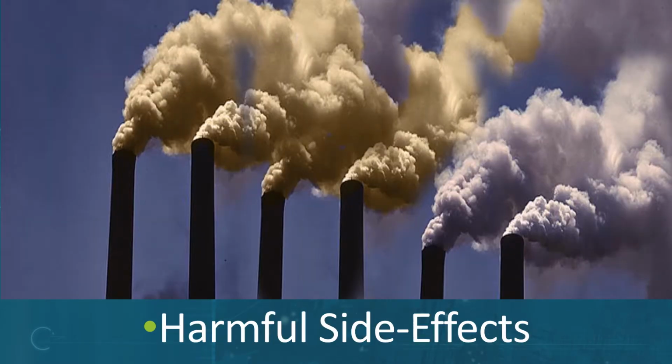Up next is the idea of harmful side effects. GDP makes no allowance for negative externalities such as pollution. So the economic cost to society from air and water pollution are not subtracted from GDP. So we could say, oh, well, we're producing a whole bunch this year, but we're also producing a ton of very harmful pollution. It looks as though our economy is doing a great job because GDP is soaring, right?